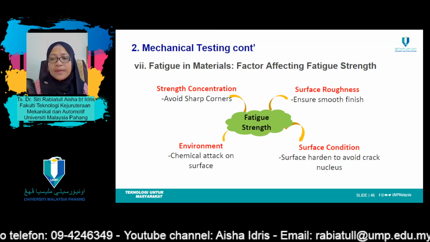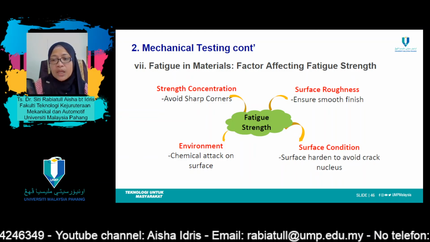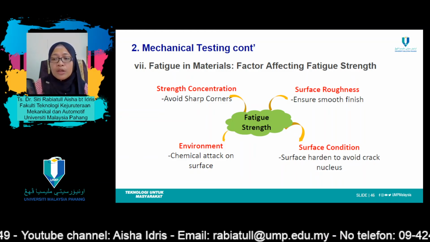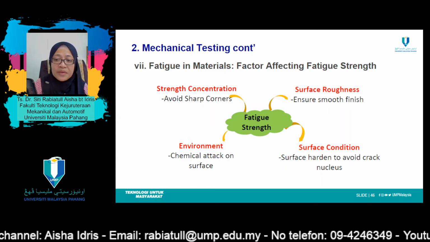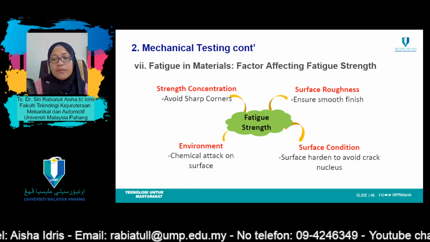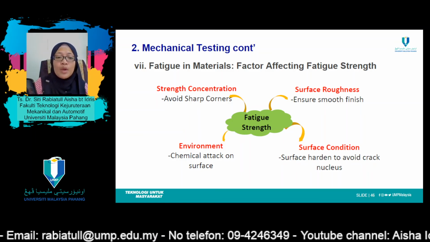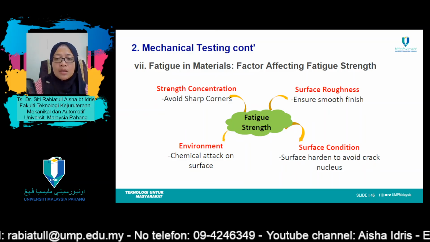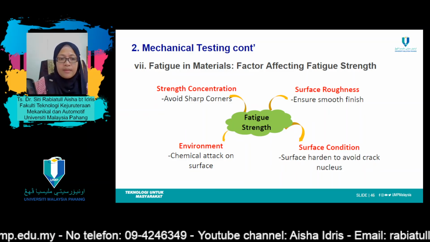After that, surface condition. The surface itself needs to be hardened to avoid crack nucleation. So this is additional work for surface condition. After that, environment. Normally chemical attack on the surface actually leads to low fatigue strength.